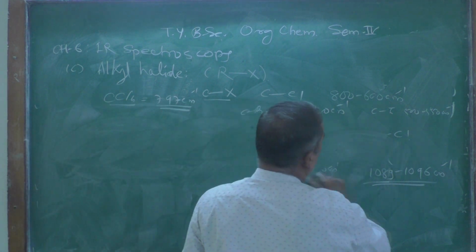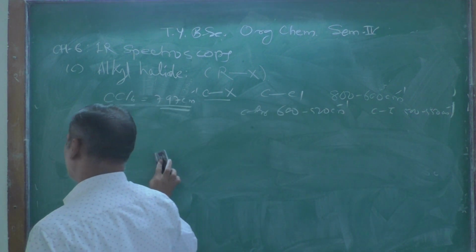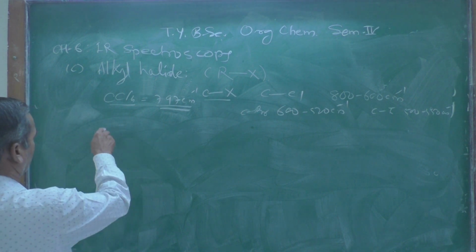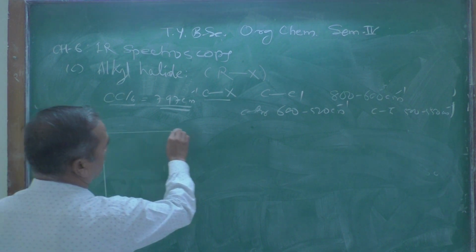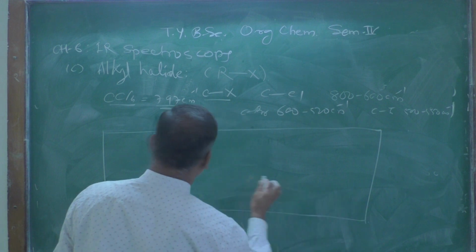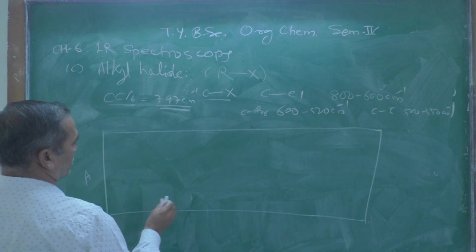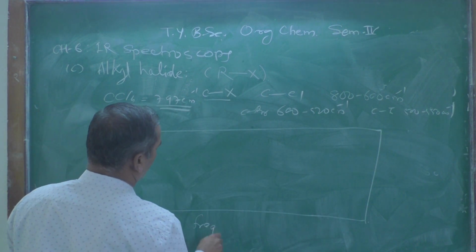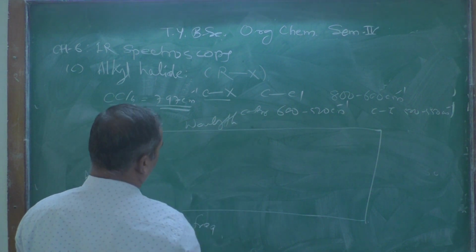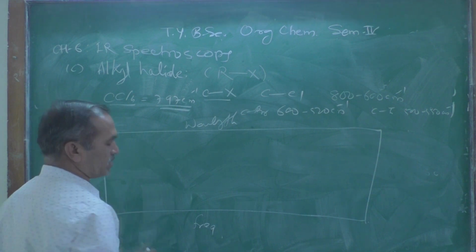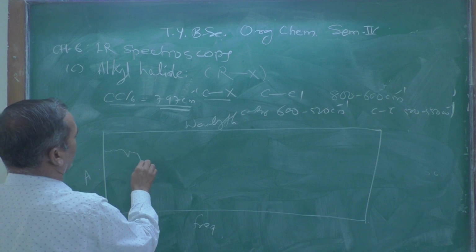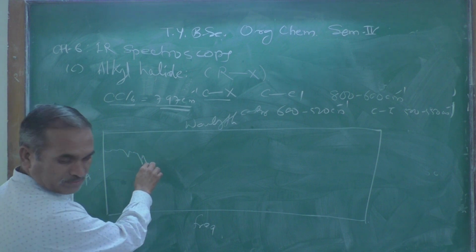Let's see how it looks. Generally we know that IR spectra represent absorption versus frequency or wavelength, and the spectrum generally looks like this.